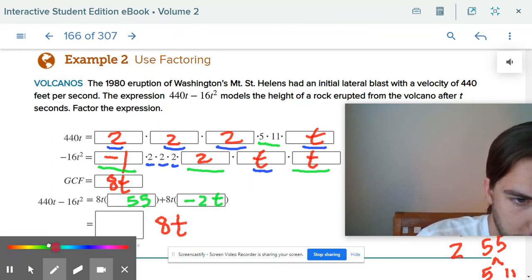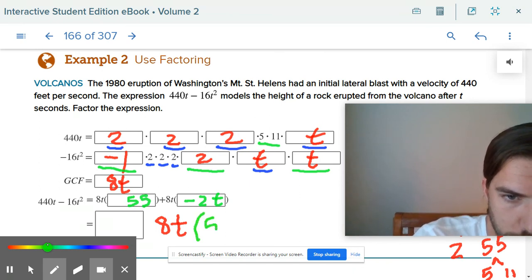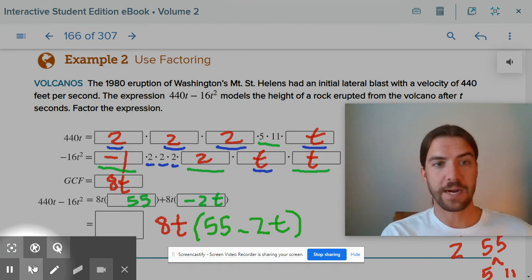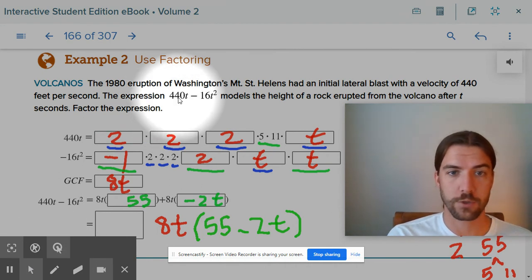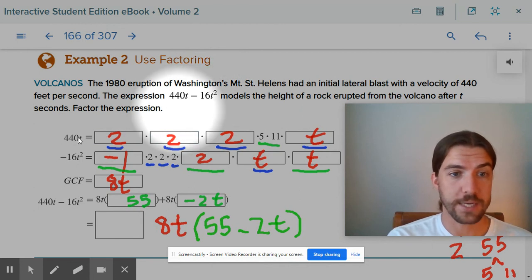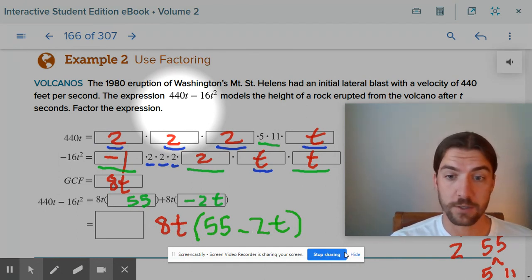It was multiplied by 55 in the first term, and it was multiplied by negative 2t in the second term. So there we go. That is our factored form of this expression. We started with 440t minus 16t squared. We broke down each of the terms into all of their factors. We found the common factors, and then we wrote this in its factored form.